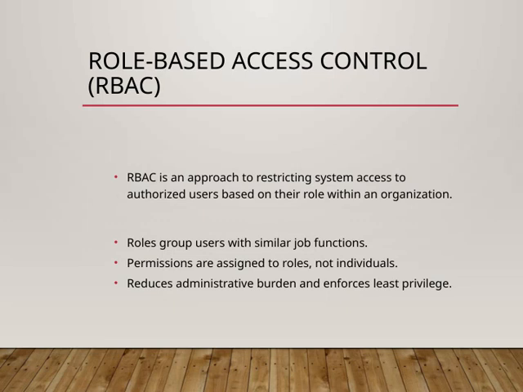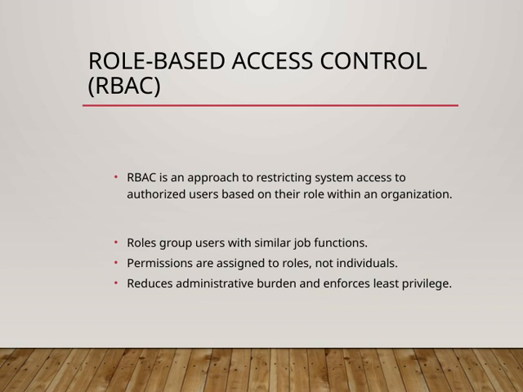Let's talk about role-based access control, or RBAC. This is a really effective way to restrict system access, but only to the users who need it. It works by assigning permissions based on a user's role within the organization. So, rather than giving everyone individual permissions, we group users who have similar job functions into roles. This way, permissions are assigned to roles, not to each person individually.